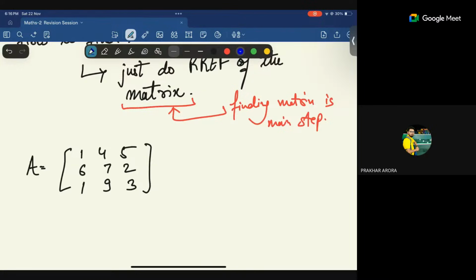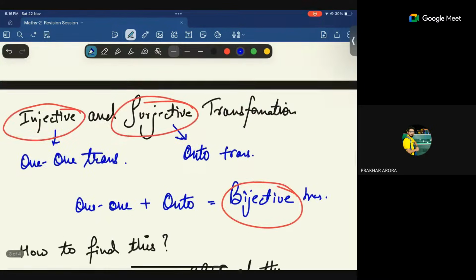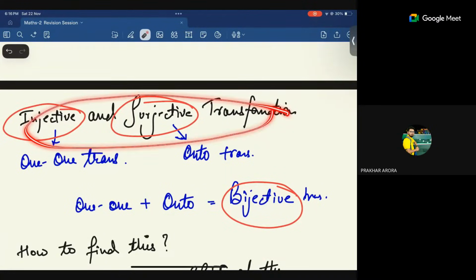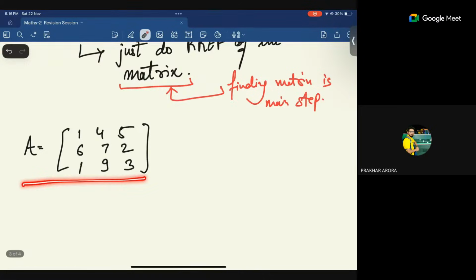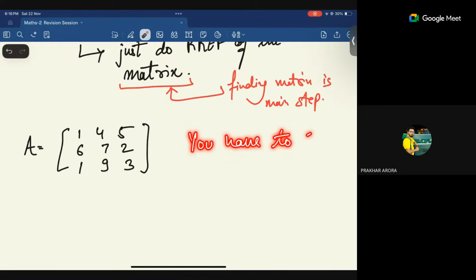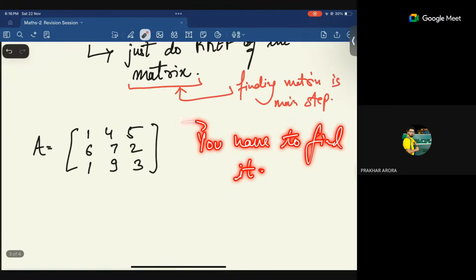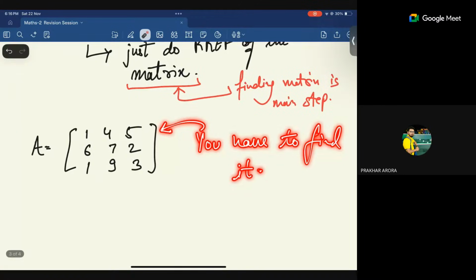So either this matrix will be given, or you have to find it. And once you find this matrix, the steps are exactly the same.